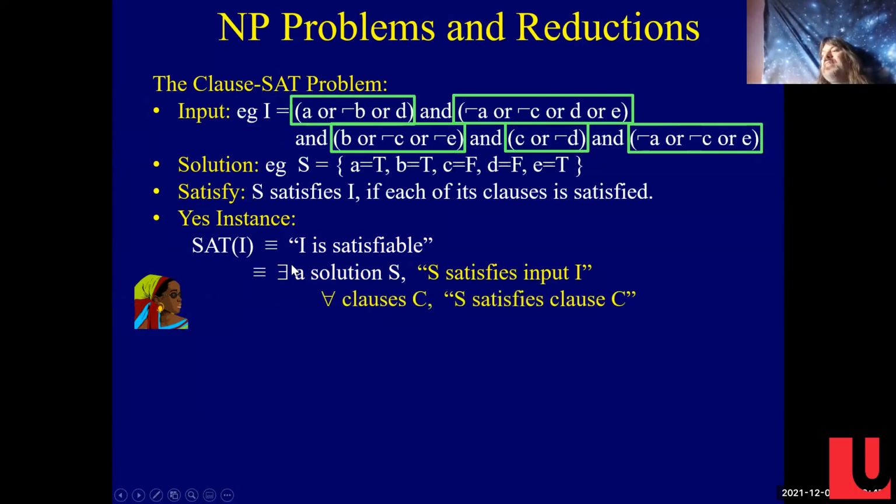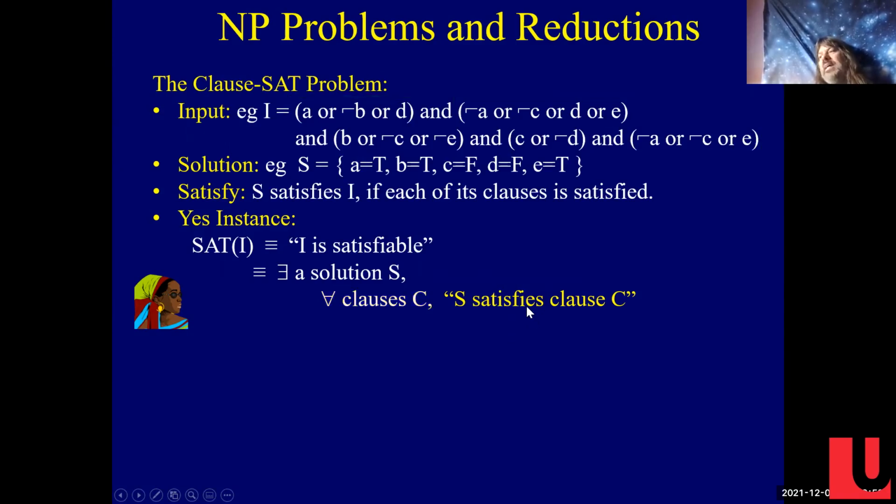Well, it means there exists a solution such that for every clause, the clause is satisfied, right? And what does satisfied mean? Satisfied means for this clause, there exists one of the literals in the clause that satisfies the clause, right?